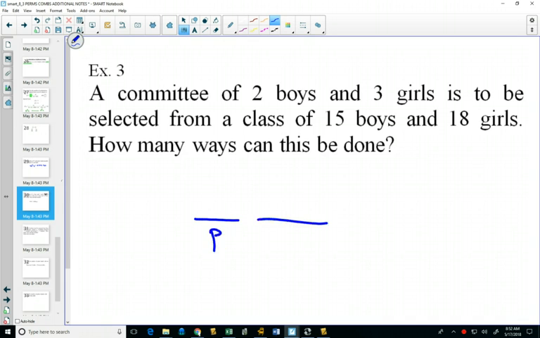So we can make our spaces for those two decisions. How many choices do we have for boys? Well, there's 15 boys, and we need to choose 2 of them. And how many choices do we have for girls? There's 18 girls, and we need to choose 3 of them.